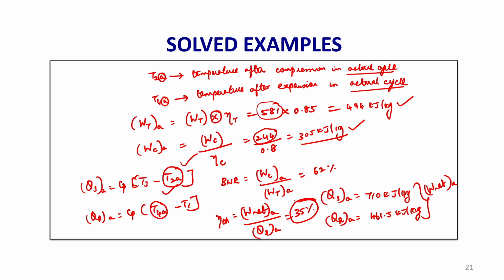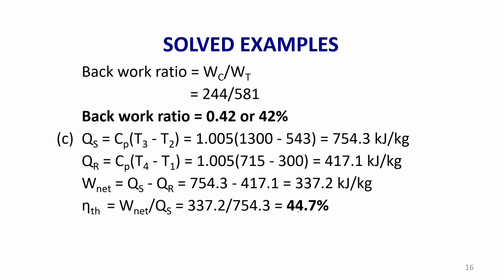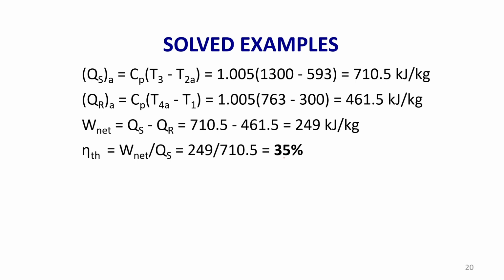So, let us compare the solved examples 1 and 2. In solved example 1, the thermal efficiency of the Brayton cycle under ideal condition is 45%, whereas in the actual operating conditions where the efficiencies of the compressor and turbine are given, it has dropped from 45% to 35%.